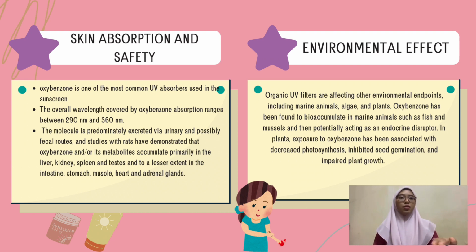Oxybenzone has been found to bioaccumulate in marine animals such as fish and mussels, potentially acting as an endocrine disruptor. In plants, exposure to oxybenzone has been associated with decreased photosynthesis, inhibited seed germination, and impaired plant growth.